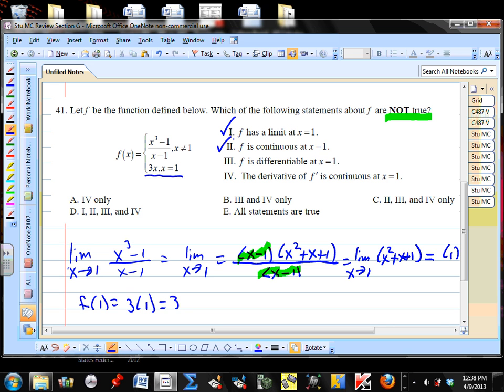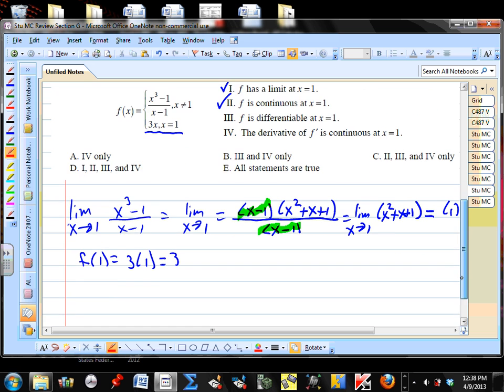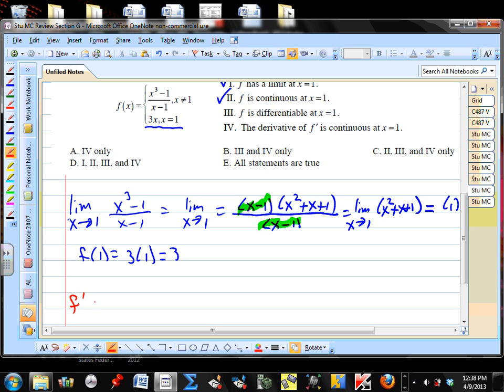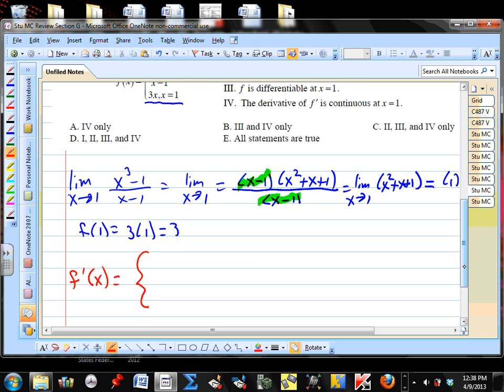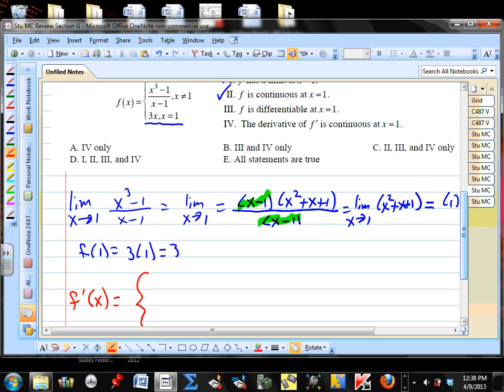Now, to determine if our function is differentiable, what we'd have to do is kind of repeat this process, but with the derivative of the function f. So let us get started here. f prime of x is going to be a piecewise defined function. All right, so what we need to do is find the derivative of x cubed minus 1 over the quantity x minus 1.